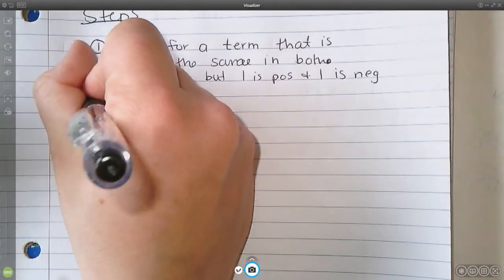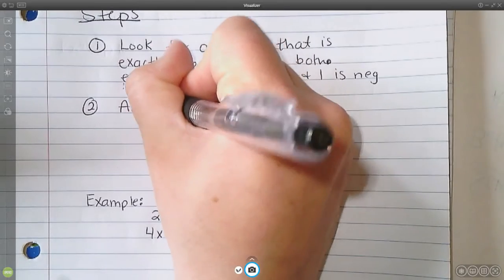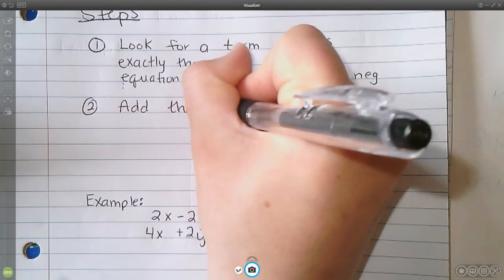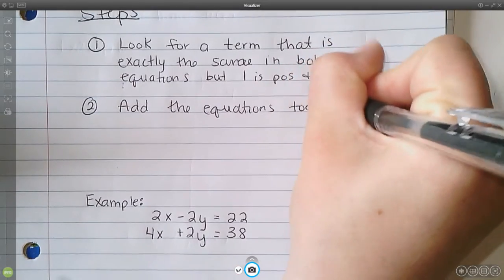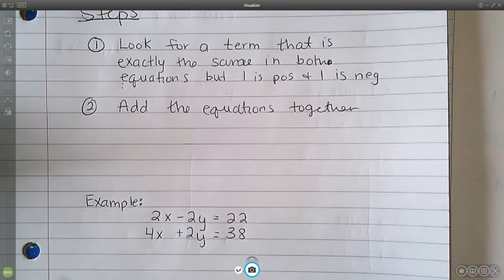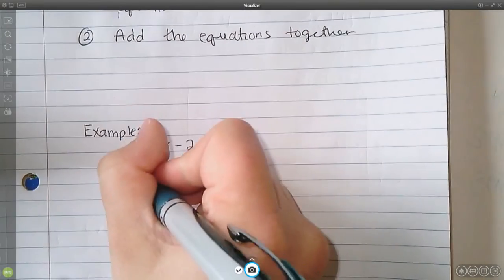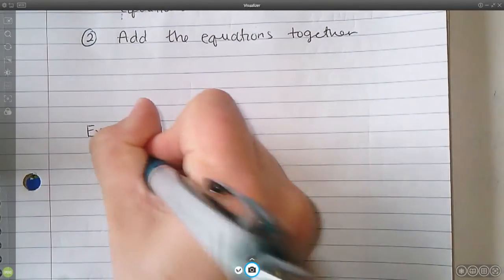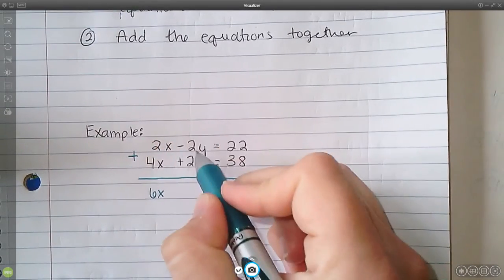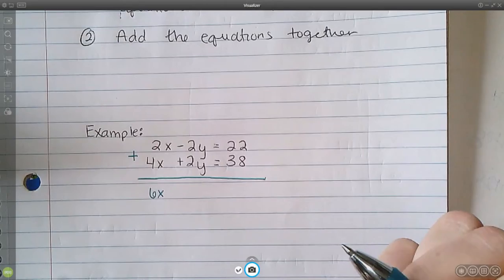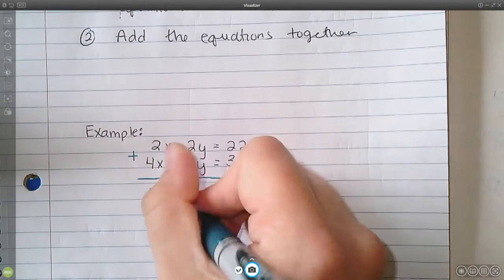Step 2 is add the equations together. So step 2, add the equations together. So we'll add. So we're just going to add straight down. So we have 6x. These two things give me 0y. So that equals 60.